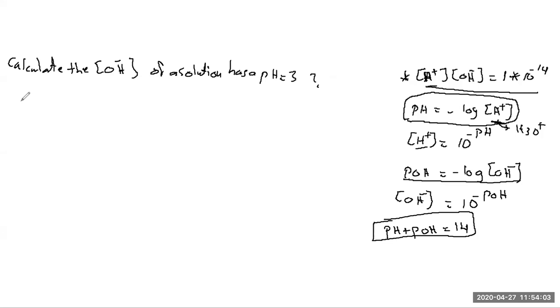Now we need to find the concentration of OH negative.